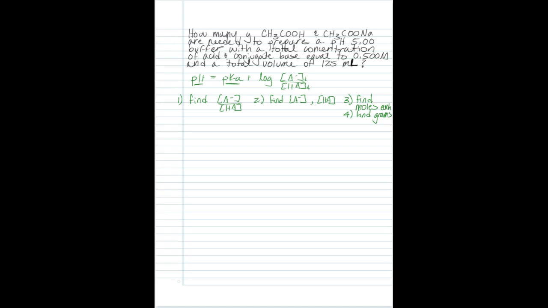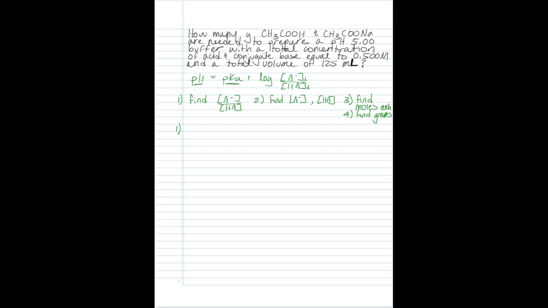Okay, so the first thing that I'm going to need to do is find that ratio of the two different concentrations. And so I can plug what I know into the Henderson-Hasselbalch equation, but I notice that I'm not given the Ka or the pKa of the solution. And so what do I need to do? Well, I need to find it somehow.